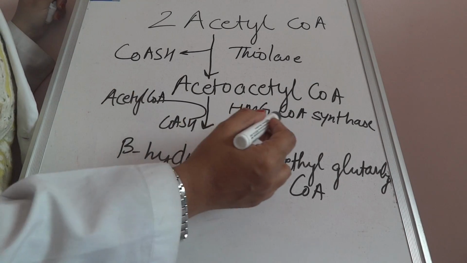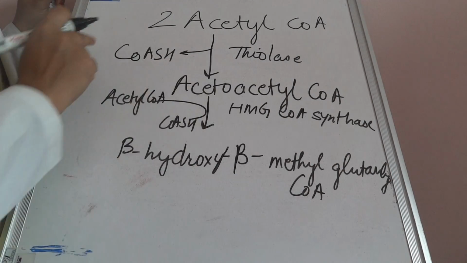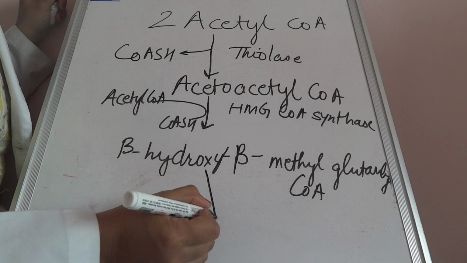The enzyme is HMG-CoA synthase. So beta hydroxymethyl glutaryl coenzyme A. Till now we have used only acetyl-CoA.